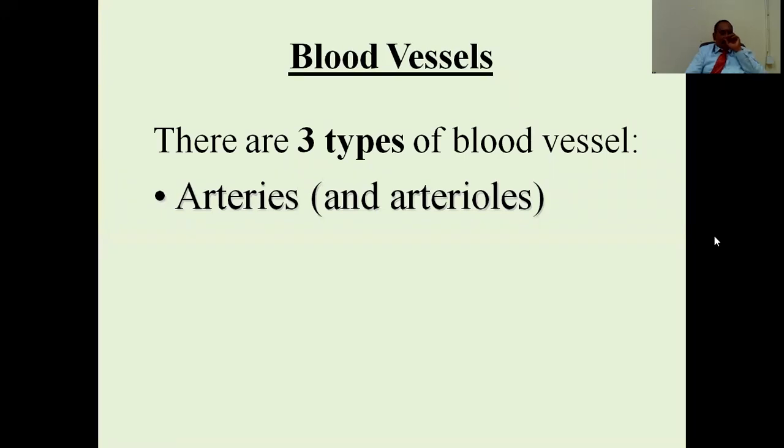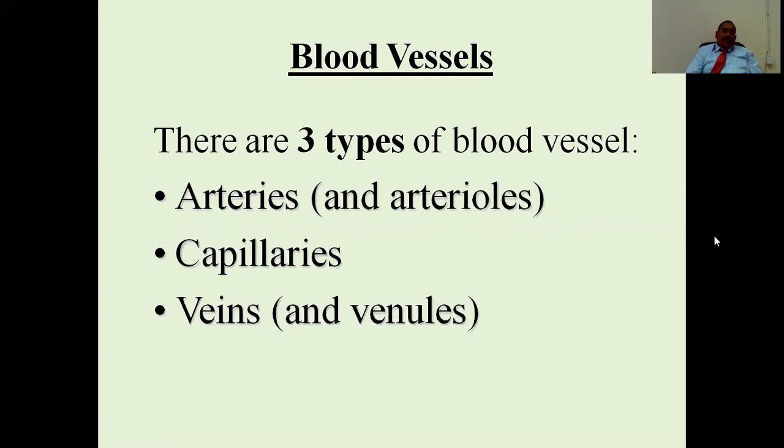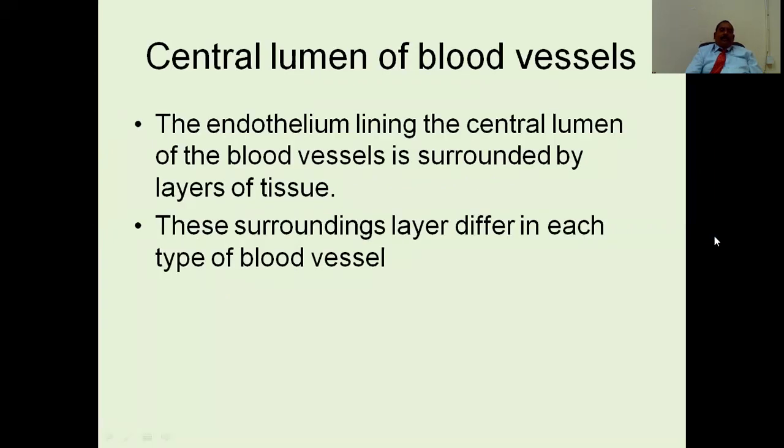So coming to blood vessels, there are three types of blood vessels. One is arteries, the other is capillaries, the third is veins. The central lumen of the blood vessel contains endothelial cells, and it is surrounded by fibrous tissue and smooth muscles.